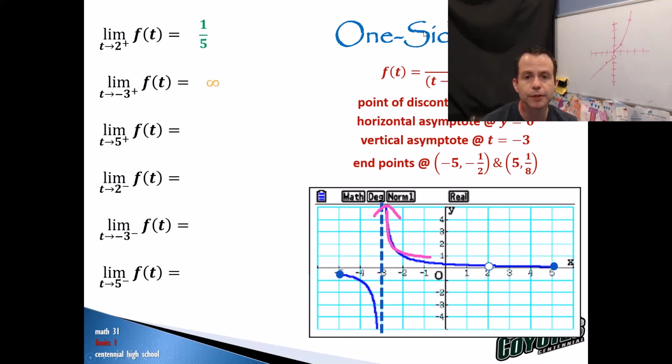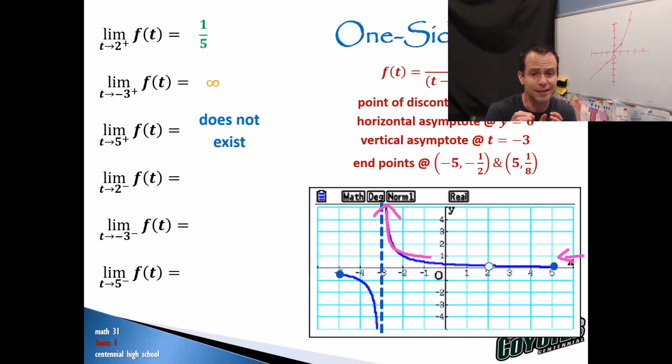As t approaches 5 from the right, I'm over here. Okay, I don't exist on the right. Just for clarification there, I can't say I'm approaching something when I don't exist, okay? I have to be on the graph in order to approach something.